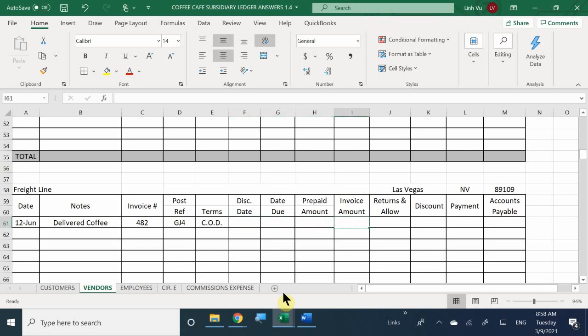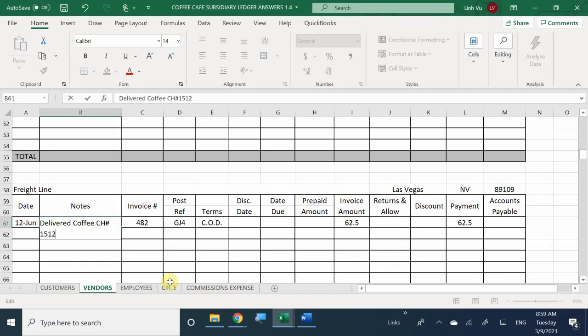Prepaid amounts. Okay, so how much was the bill for? $62.50. And guess what? We made a payment to it, right? Yes, we did, for $62.50. So I'm going to edit this information once again because I forgot to put the check number in here. I wrote check number 1512.